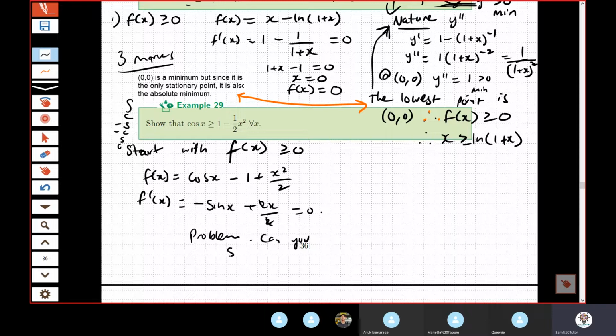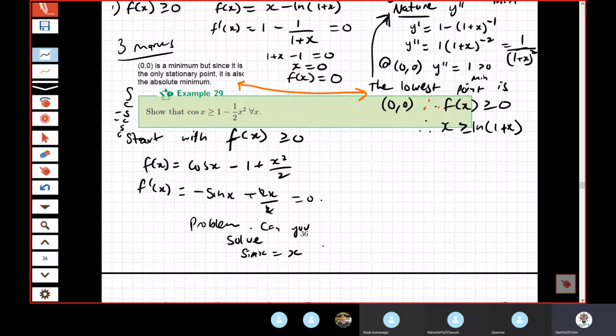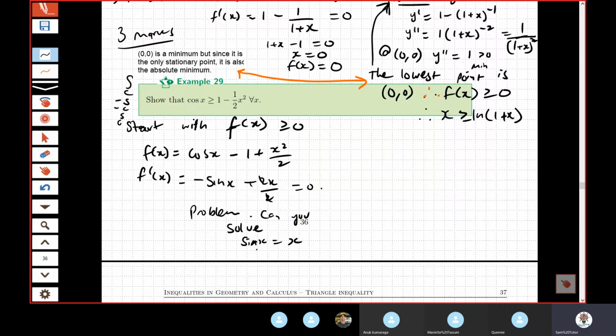Can you solve sine x equals x? You can't just solve sine x equals x by inversing sine. It doesn't work like that. So there's a little problem you face here. All right, how are we going to fix that problem?